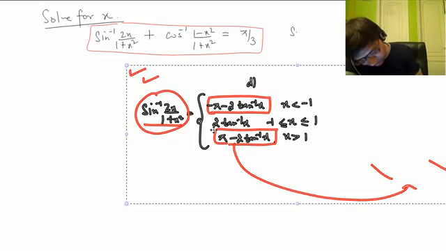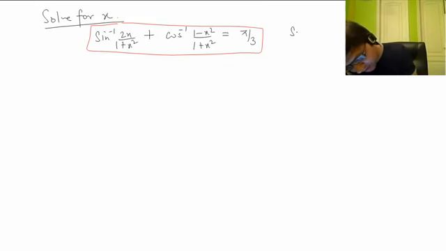So we can write again: sine inverse 2x over 1 plus x square equals minus pi minus 2 tan inverse x for x less than -1. It is 2 tan inverse x for x between -1 and 1.